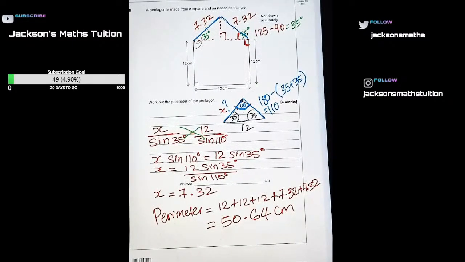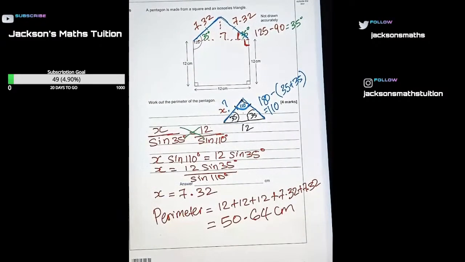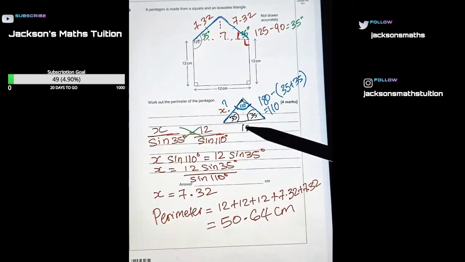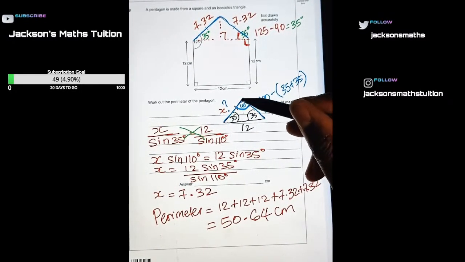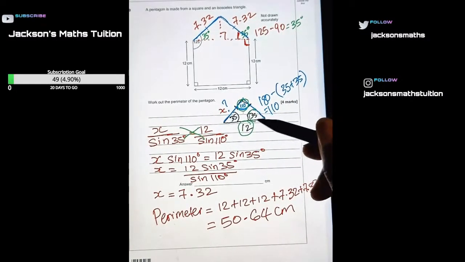How do we know if it's 12 over? When you use the sine rule, and you're finding the missing side, it's going to be the side over the sine of the opposite angle. So if you look, 110 here is opposite to 12, and 35 is opposite to the x that we're trying to find.